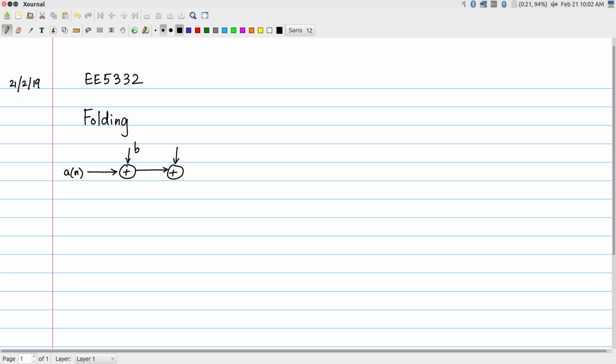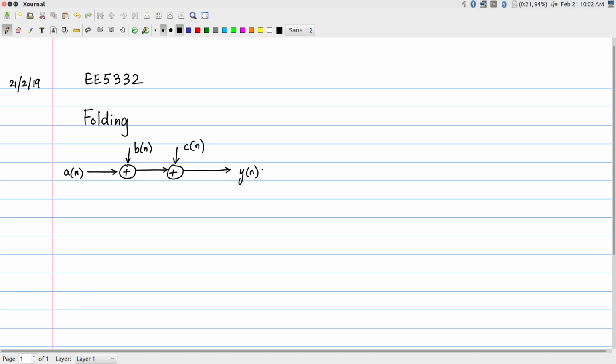A, B and C are three streams of data, meaning that they are sampled sequences of data. I want to add all of them together, first A and B, and then add that result to C and generate Y of n.